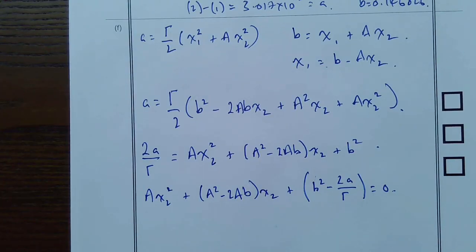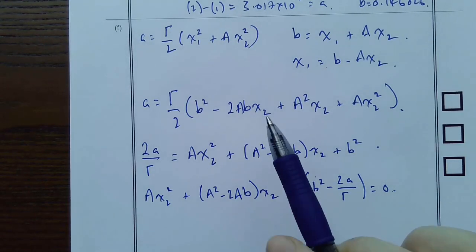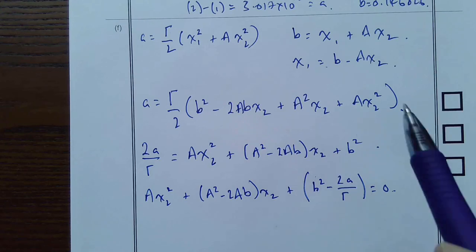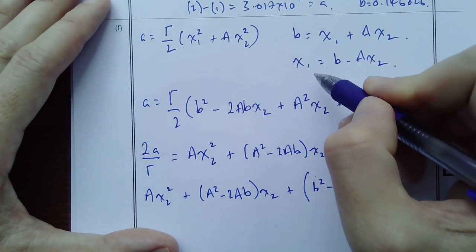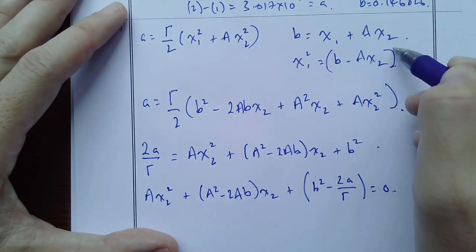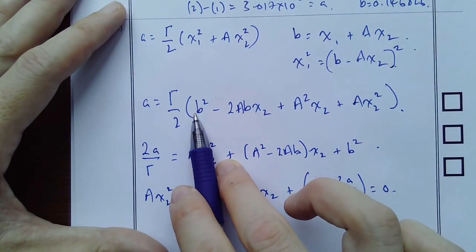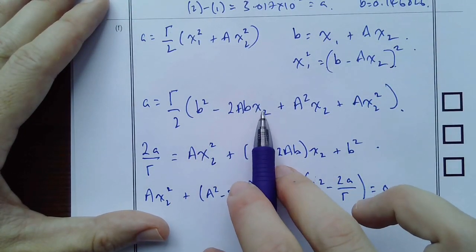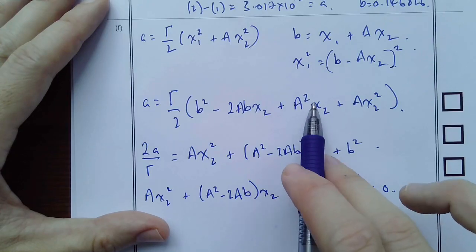I think I've made a mistake somewhere. If you've spotted it, well done, because it is not like what I had before. So I had, substitute this in. So it's x1 squared. Is that squared? So I get b squared minus 2ab x2, and then a squared.